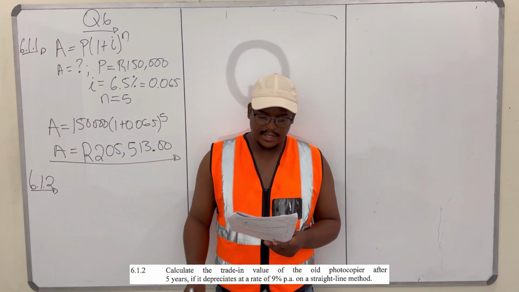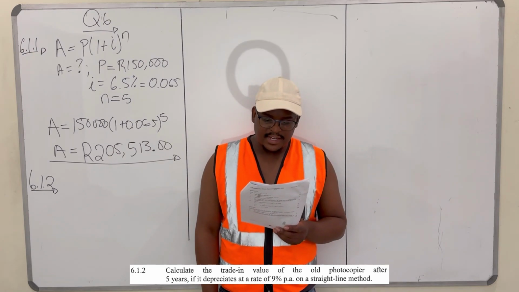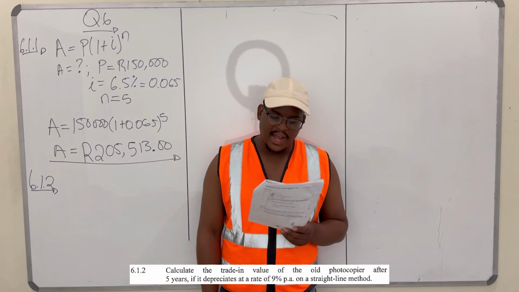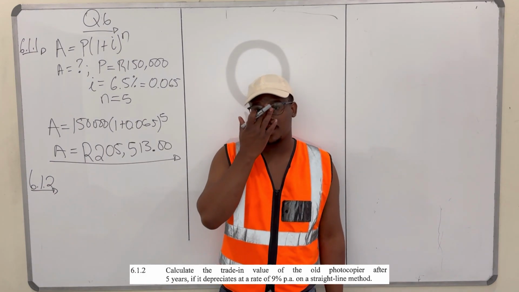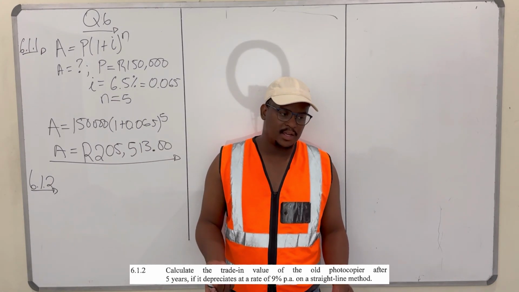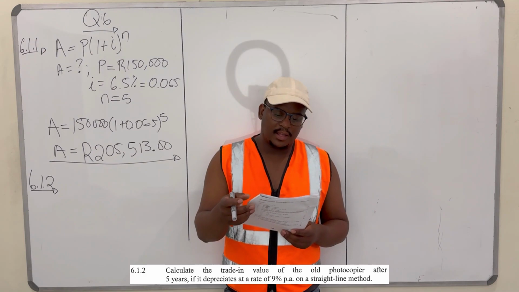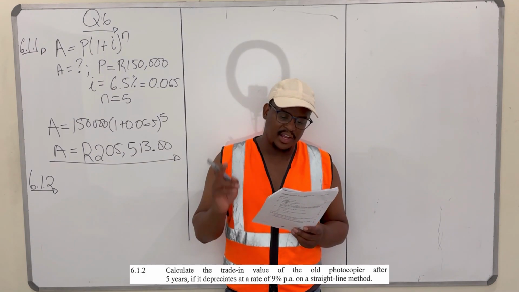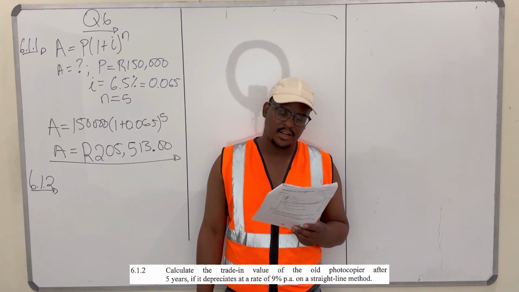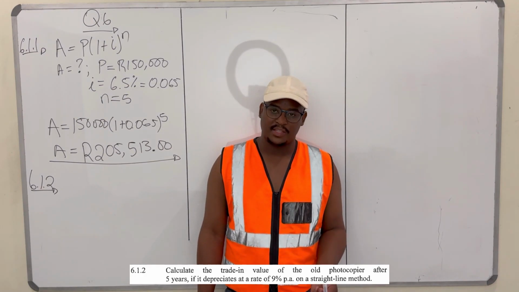They are saying: calculate the trade-in value of the old photocopier after 5 years if it depreciates at a rate of 9% per annum on a straight-line basis.